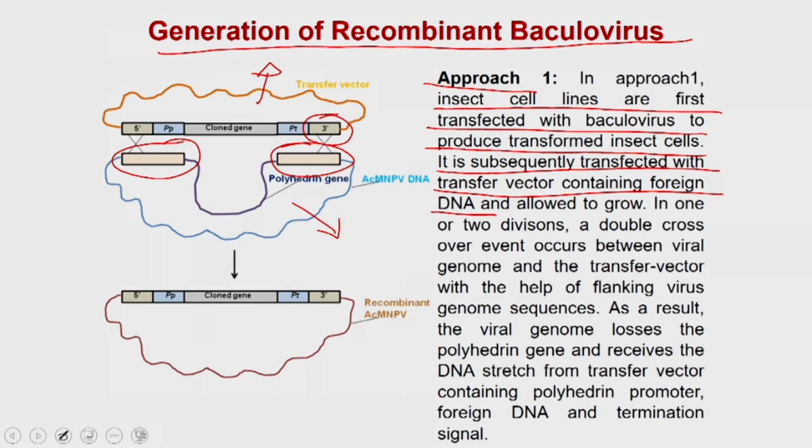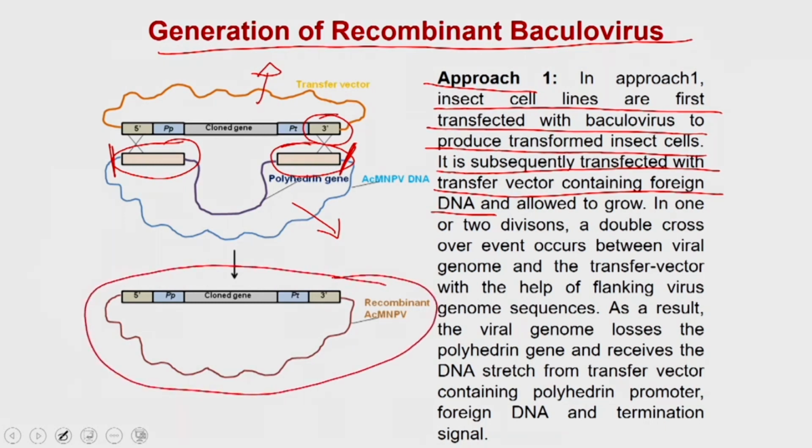As a result, this whole cassette from this place is going to be replaced with your foreign gene, and you are going to generate the recombinant virus, which will contain your gene or your cassette instead of the virus's intrinsic polyhedrin gene.